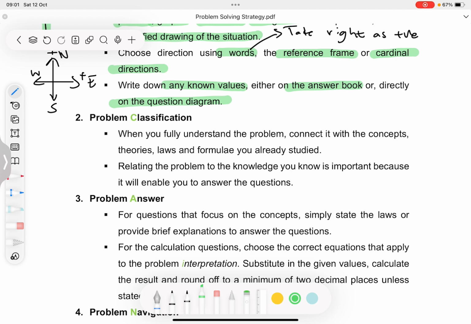Remember, at this stage we have a full understanding of our problem, we know what values we are given, and we have chosen direction. What we then do from that understanding is connect that problem to the concepts, the laws, the theories, and the formulae that we already know, the knowledge that we have studied.